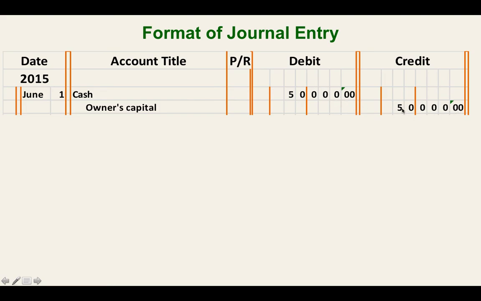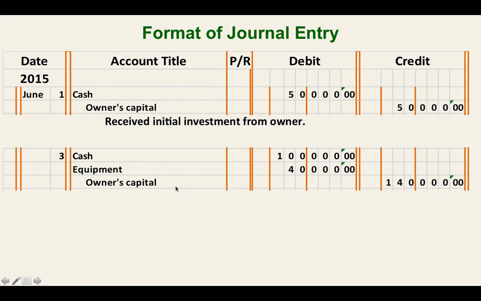So your debit and credit should be balanced. And then your explanation will be written indented after the credit: received initial investment from owner. Okay? Then you have a space, then write the next transaction. For the next transaction, you only write the day.